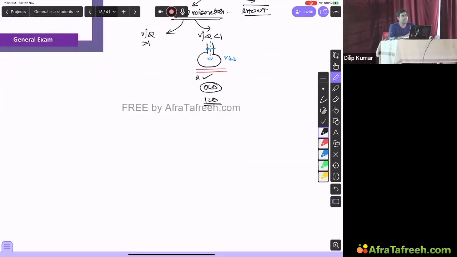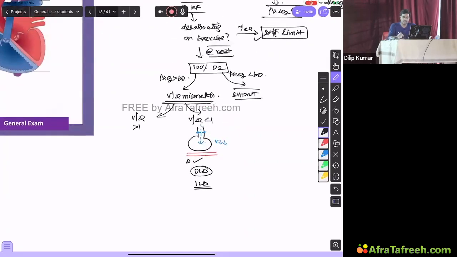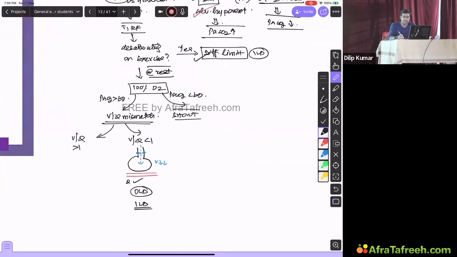In fact, in ILD the most important reason for hypoxemia is VQ mismatch only, even though ILD classically produces diffusion limitation. But that doesn't mean it's the most predominant mechanism of desaturation and hypoxemia.